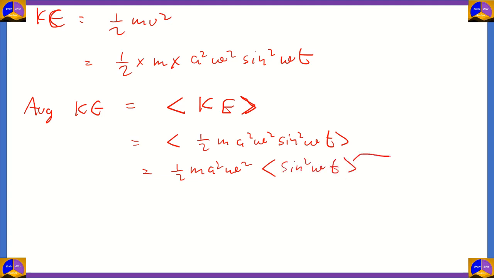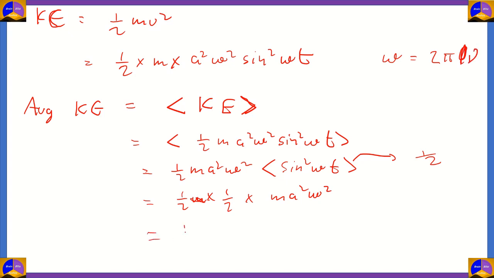Now the average value of this is equal to 1 by 2, so therefore you will get half times half times m a squared omega squared. Now omega is angular frequency. It's represented as 2 pi times nu, which is the linear frequency. So therefore you will have 1 by 4 times m a squared times 2 pi nu the whole squared.